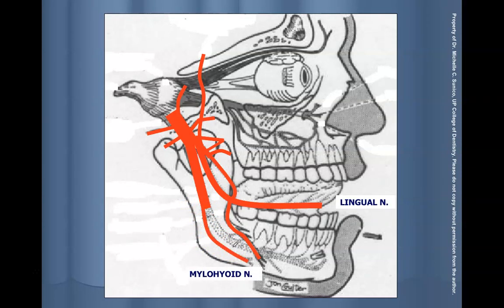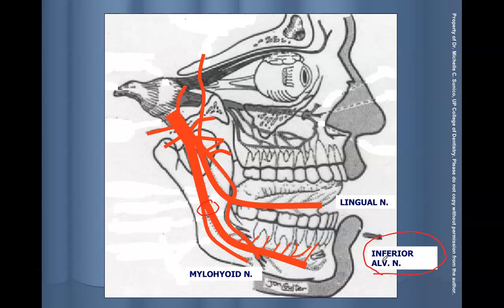It will nestle in the mylohyoid groove at the internal surface of the mandible. Now, the remainder of the main posterior trunk will enter the mandibular canal through the mandibular foramen, and once it enters, this main posterior trunk will change its name into the inferior alveolar nerve.